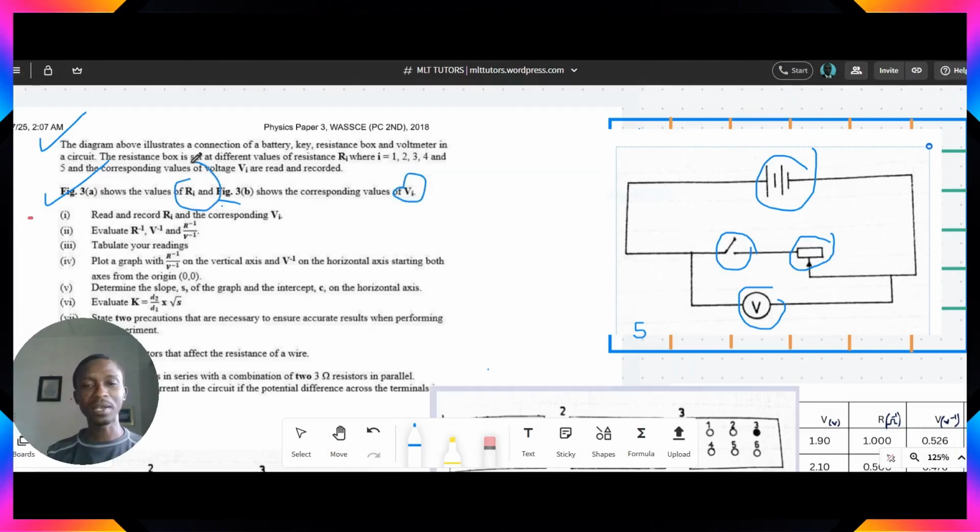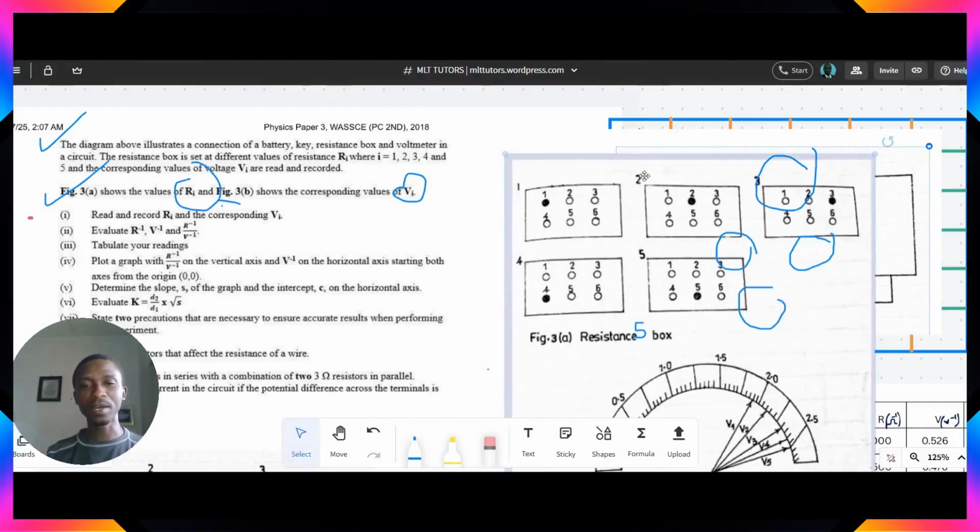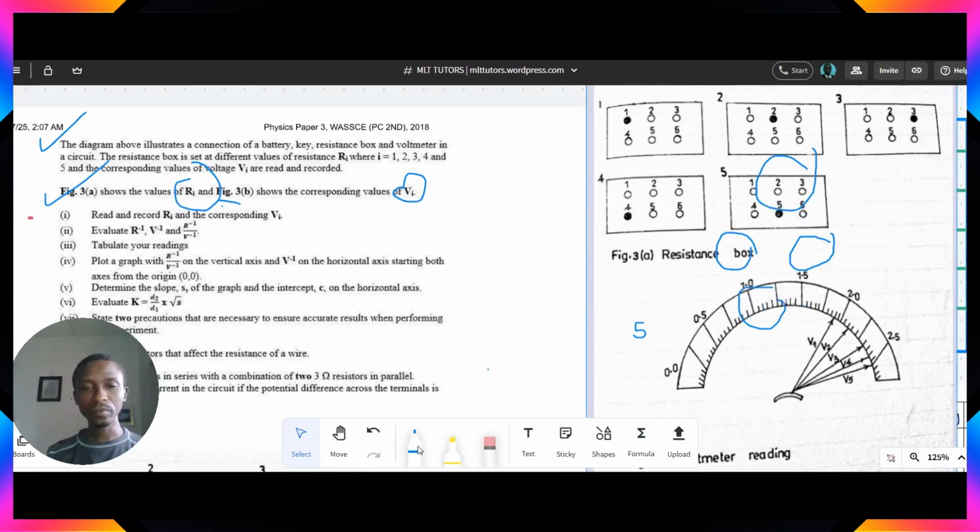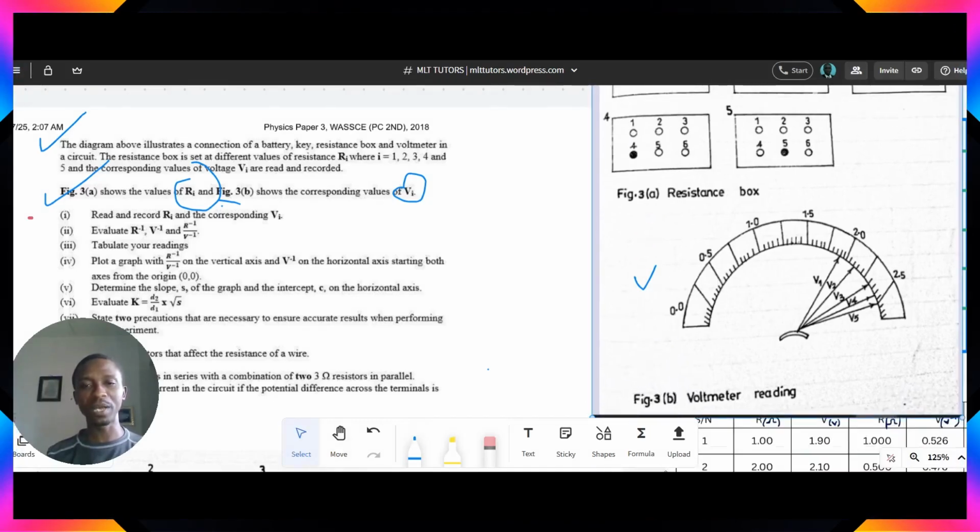Here are the values of the resistance in figure 3A, and scrolling up, here is figure 3B. Good, so we are now good to go.